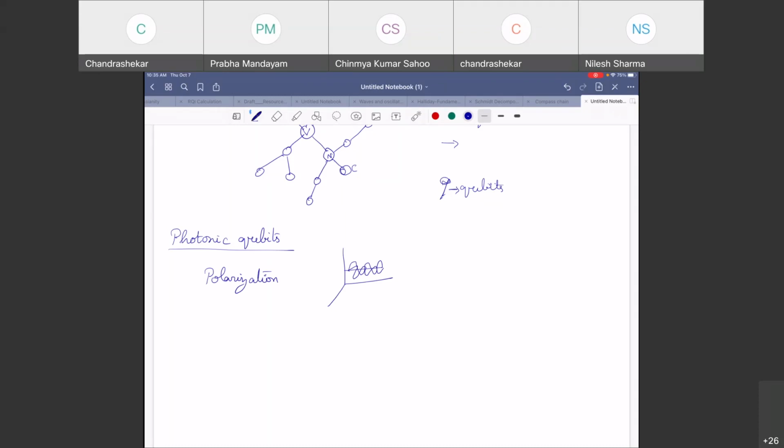These fields oscillate in many directions in a general electromagnetic wave. And if we can restrict these to one particular direction, then we can say that the light wave is polarized.